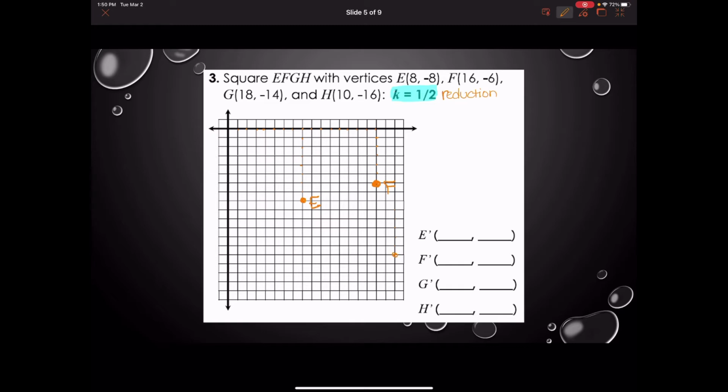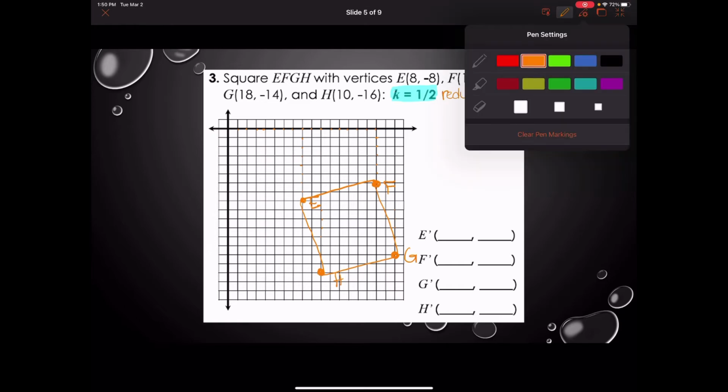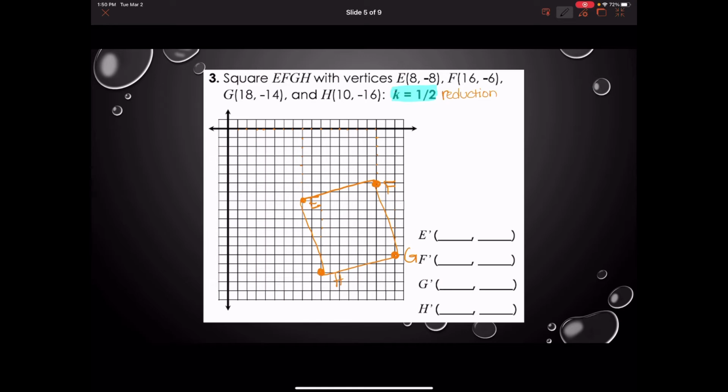Here's my G. And I should have a square. Now, it might look a little different because it's kind of tilted, but I'm going to do a reduction. This is the one you're going to see plotted in black.